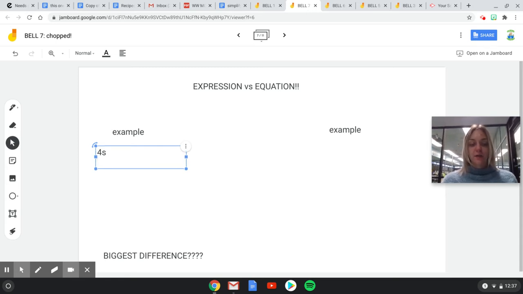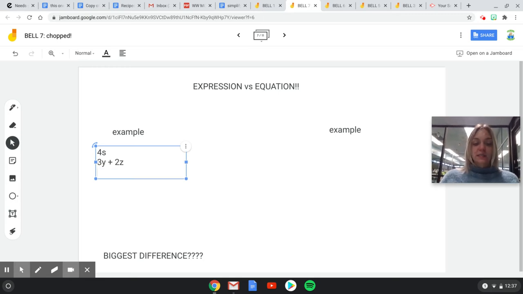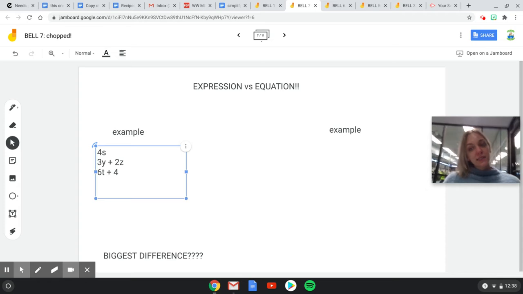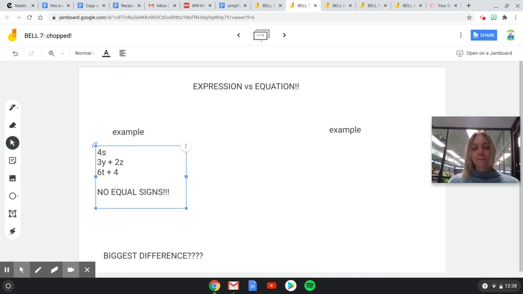Something like 3y plus 2z is an expression. Something like 6t plus 4, that's an expression. What I want you to take away, and what I'm sure you've already noticed, is that expressions do not have equal signs. So no equal signs.